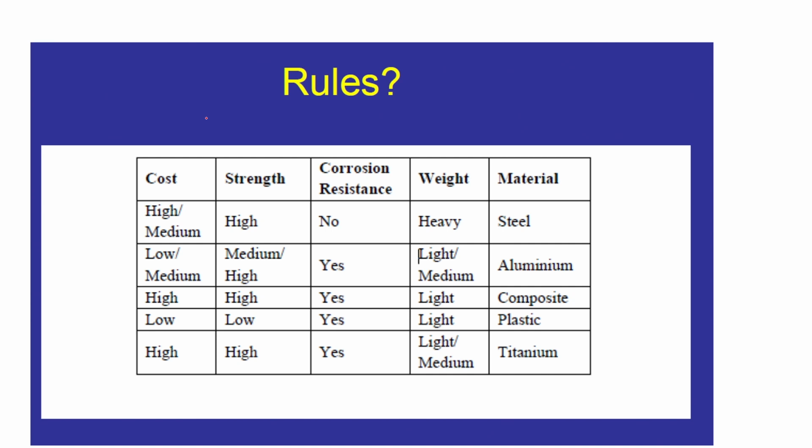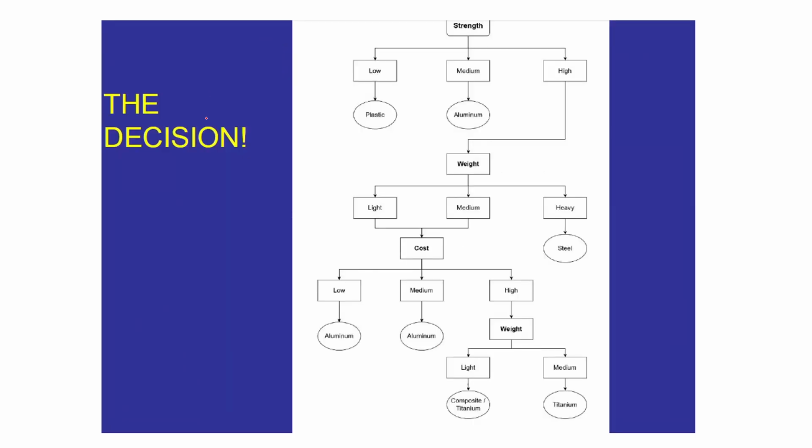So simply you can make a tree-like structure, with strength: low, medium, high. Then for high you can create weights: light, medium, heavy. From light and medium you can make cost, correct: low, medium, high. So aluminum comes here. Aluminum is medium strength, and then you can see it is lightweight and cost is also low, right?